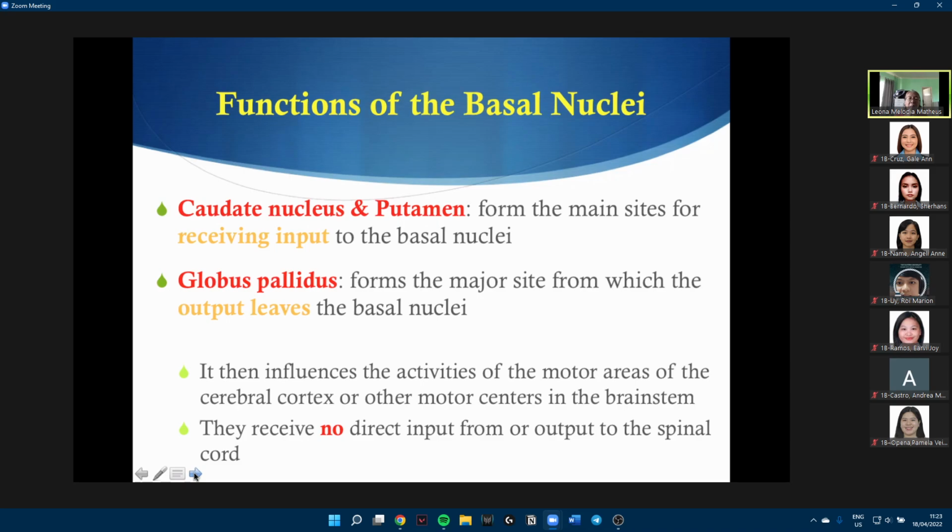Again, your basal nuclei influences activities of your motor areas like your motor cortex or cerebral cortex and the brain stem. So in other words, it influences activities of your motor centers, except the spinal cord. Apparently, there is no direct input nor output to the spinal cord.